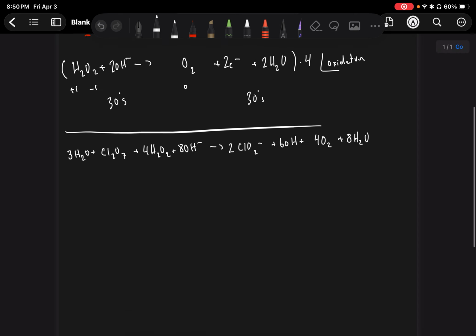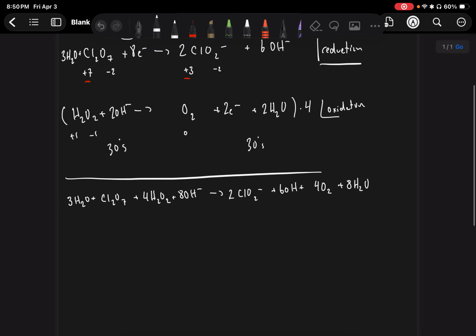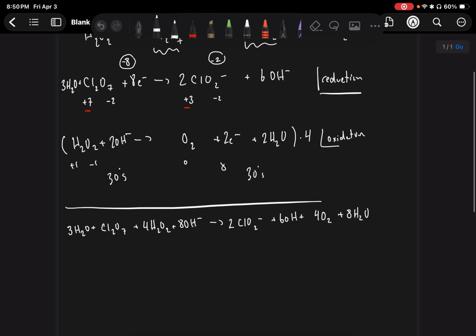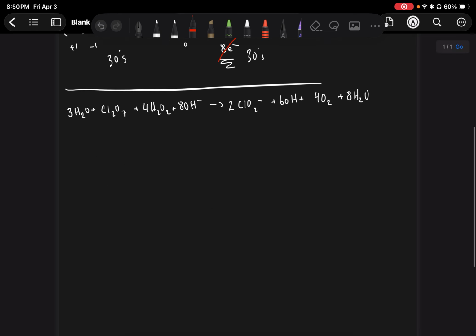Now we just simply need to cancel out what's common. As you can see, when we multiply, we get 8 electrons on the right side, and we got 8 electrons on the left, so therefore these two will cancel out. That's why you need to multiply by 4. So now we need to just make the net reaction.